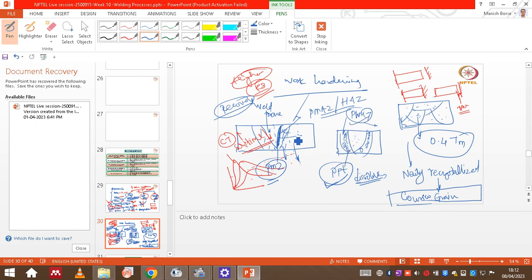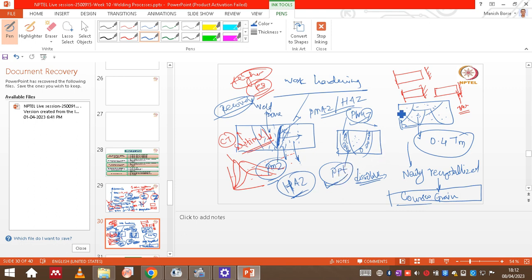So all these issues can be avoided in solid state welding processes, because their heat affected zone is not that significant, because we are not melting the center region, right? We are just heating that region up to a certain temperature, right?